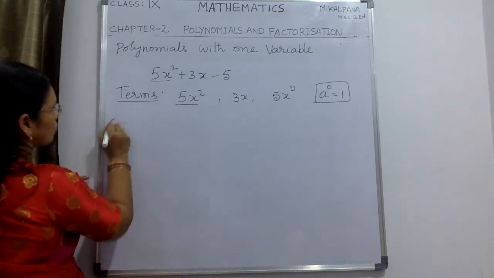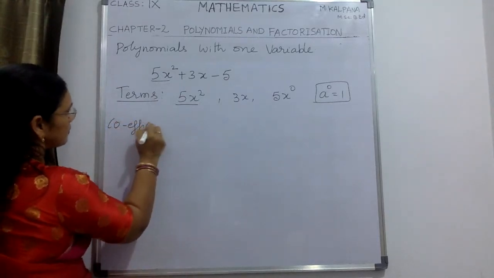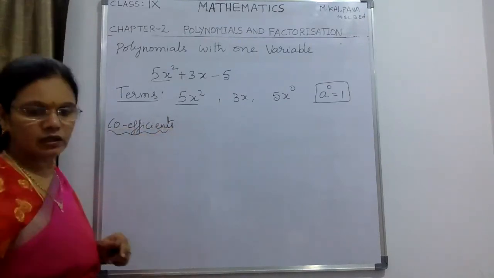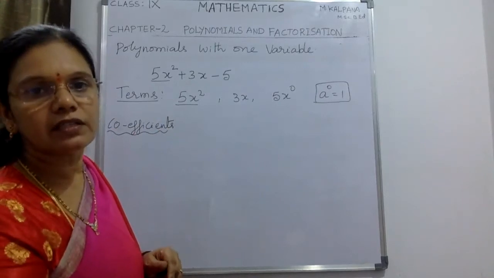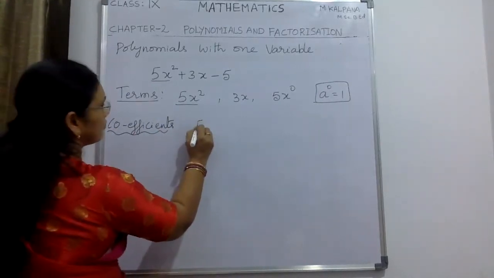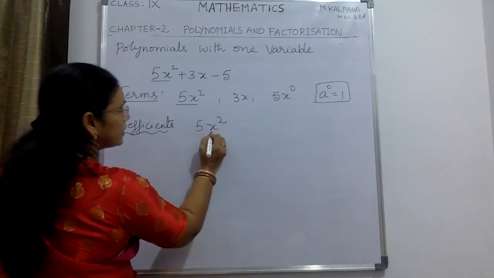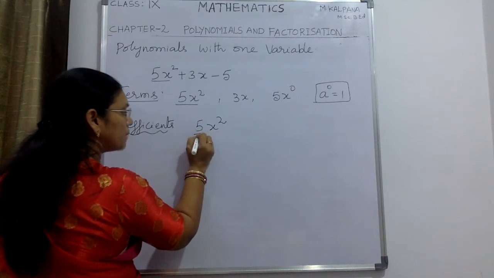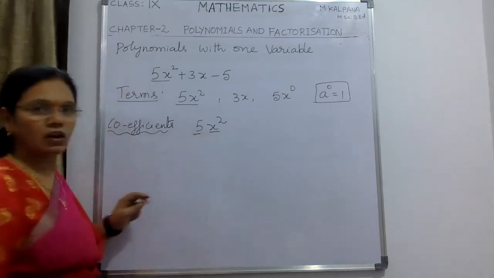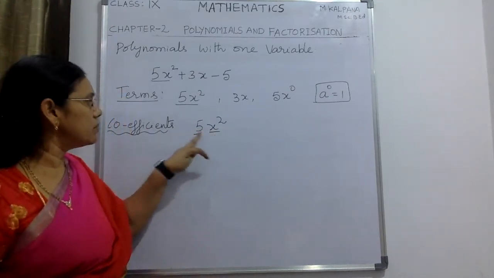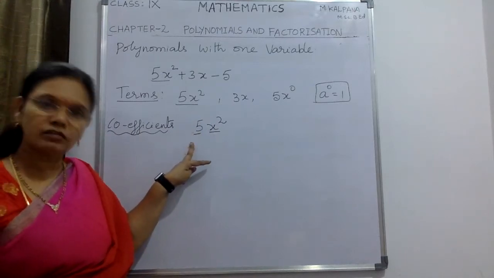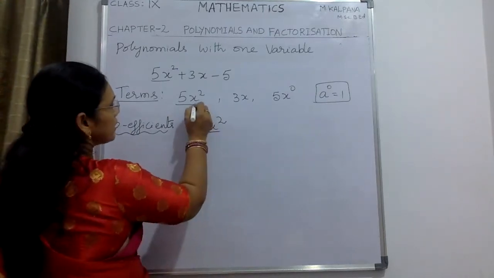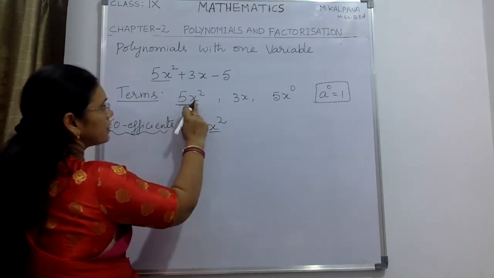Let us know about coefficients. Let us take the first term, 5x square. Here what is the coefficient? The constant which multiplies the given variable is called the coefficient of that variable. Here every term is a product of a constant and a variable.